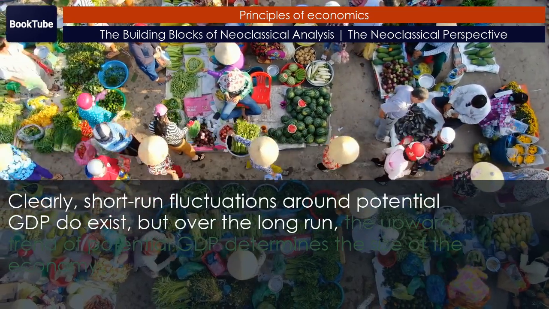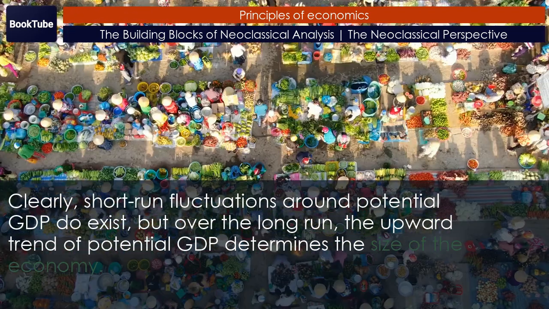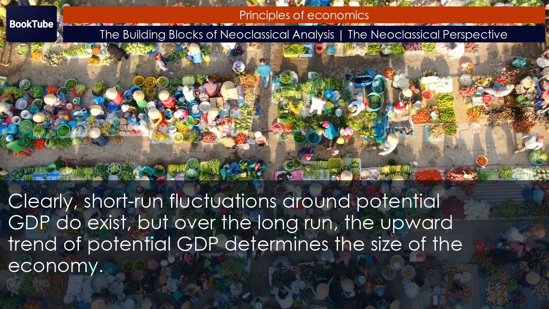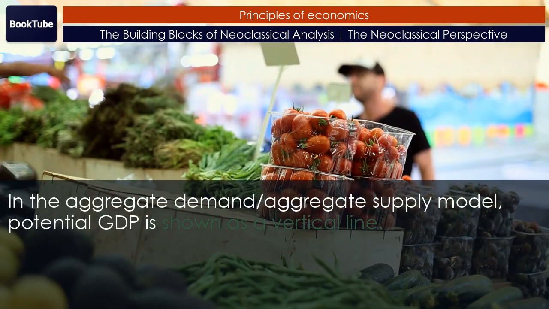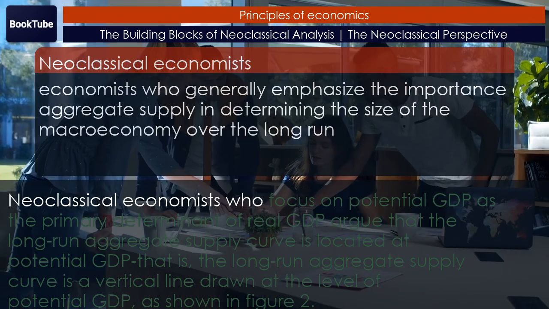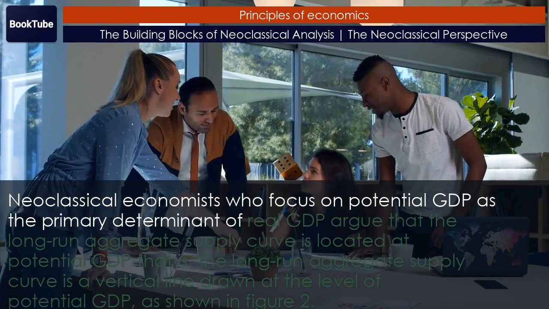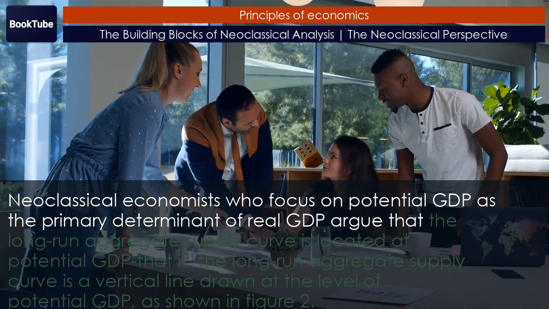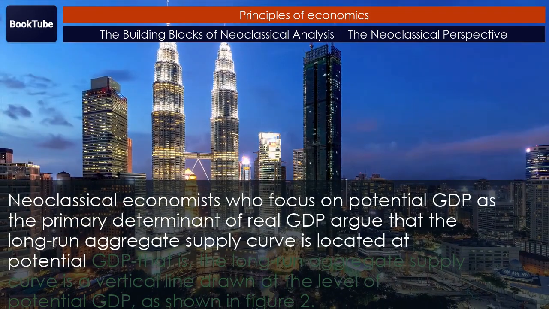But over the long run, the upward trend of potential GDP determines the size of the economy. In the aggregate demand, aggregate supply model, potential GDP is shown as a vertical line. Neoclassical economists who focus on potential GDP as the primary determinant of real GDP argue that the long-run aggregate supply curve is located at potential GDP.